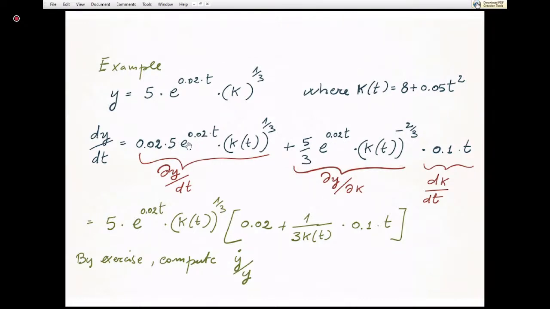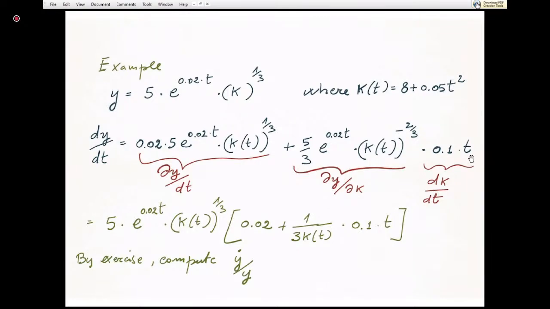But now this is just a function of two variables, t and k, and you are computing the partial derivative with respect to t. So it's 0.02 times 5 times the exponential 0.02t. This is like a constant multiplicative factor times k to the power of 1/3 plus. Now the partial derivative of y with respect to k, which is 5 over 3 exponential 0.02t times k to the power minus 2/3, times the derivative of k with respect to t, which is 0.1t. Okay?